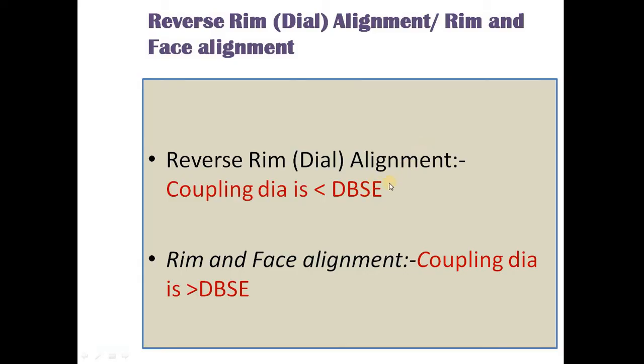So we come to the conclusion that we apply the reverse rim or reverse dial method when coupling dia is less than DBSE, and the rim and face alignment method when coupling dia is greater than DBSE.